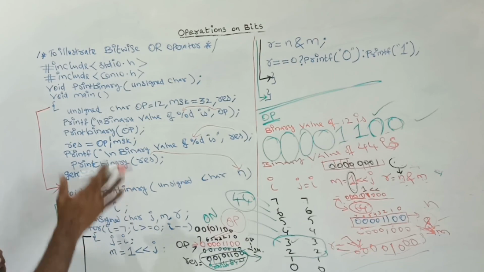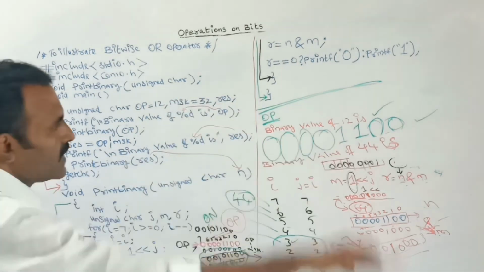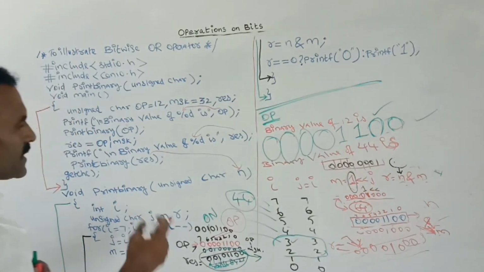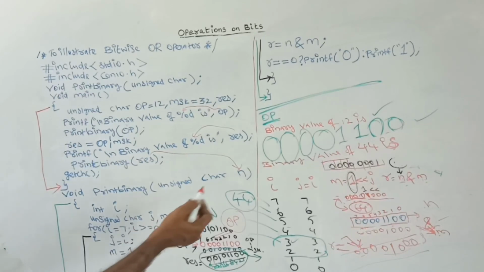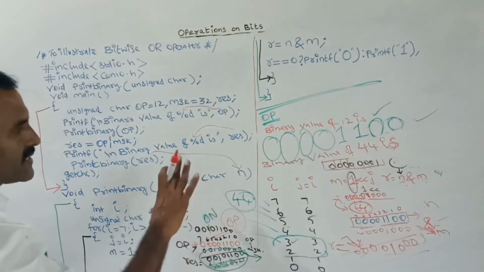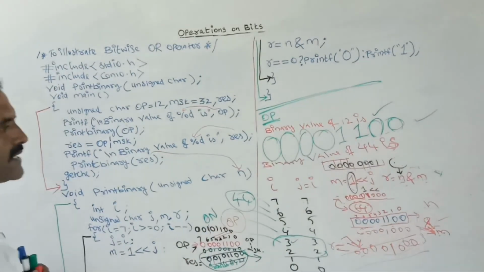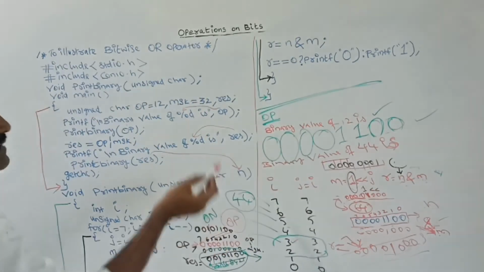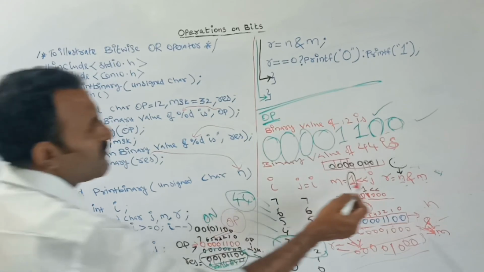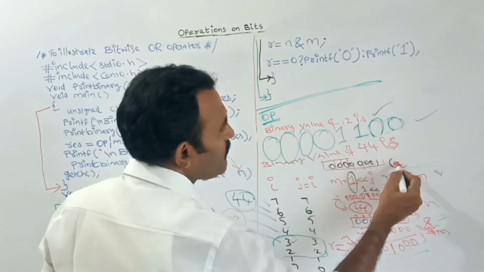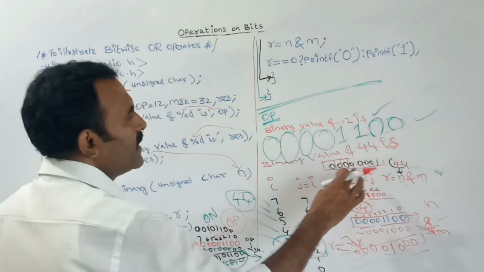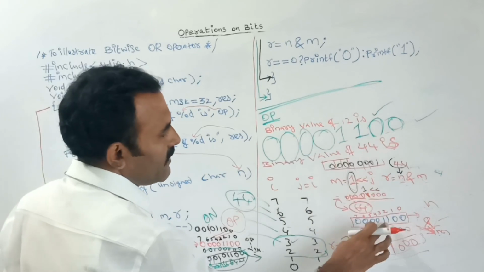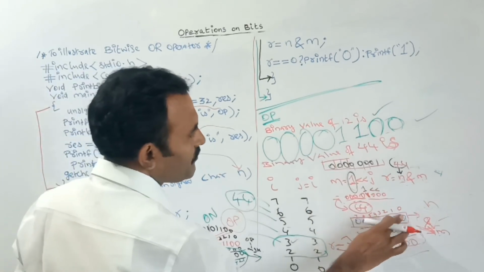So here the same process will be repeated, the binary value of the corresponding 44 will be printed. The only difference is that the n value will be changed. Previously we had passed 12 as the n value, but now we are passing 44.